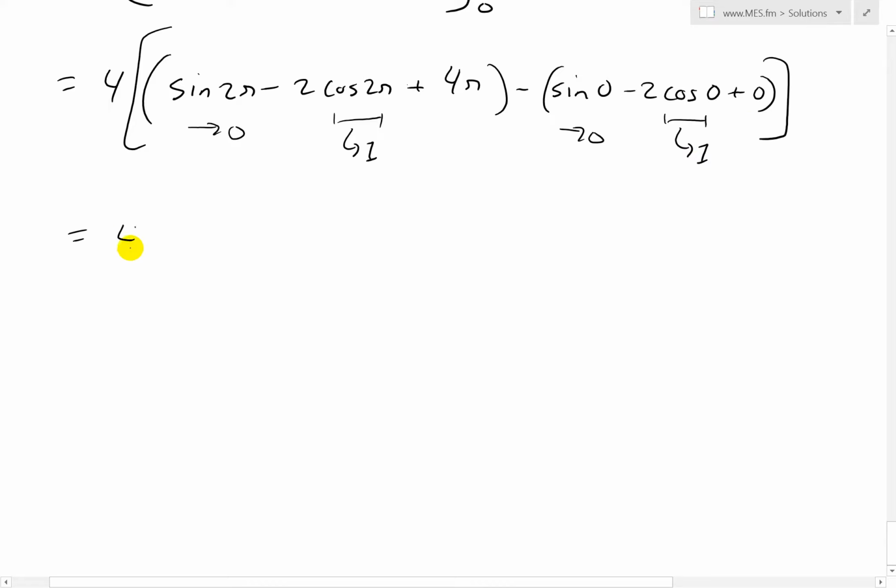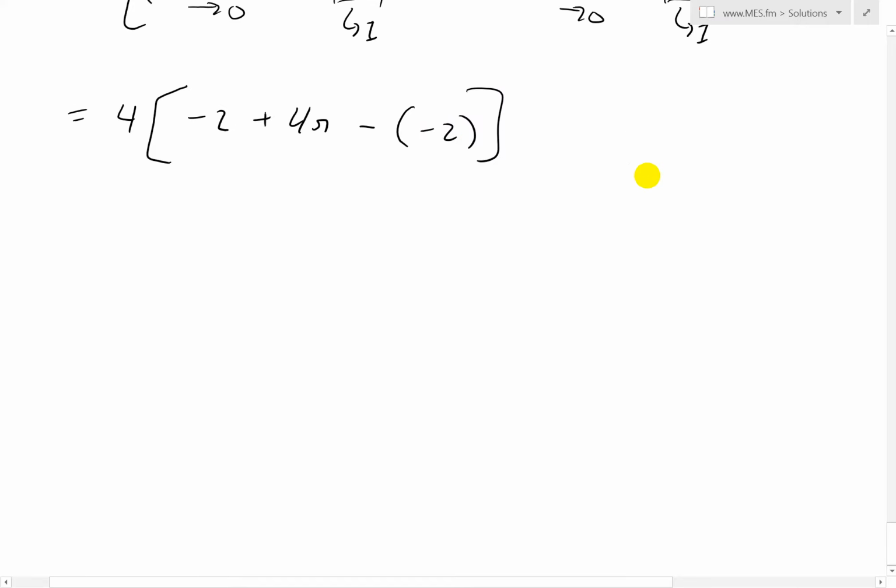So this equals 4 times, inside here, we don't need the brackets there, negative 2 plus 4 pi, so negative 2 times 1, and then we minus, right here, minus negative 2 times 1, which is just negative 2, and all the zeros are there.